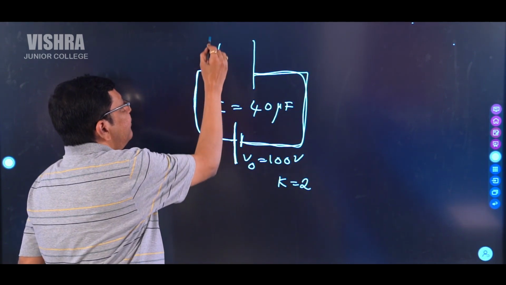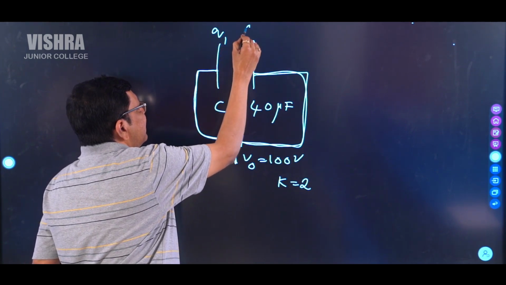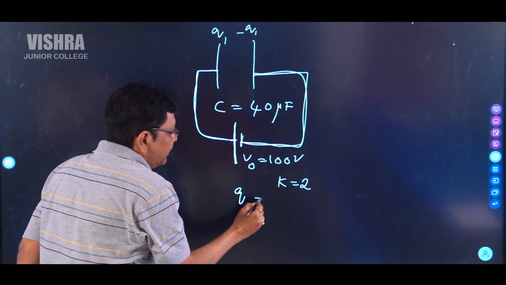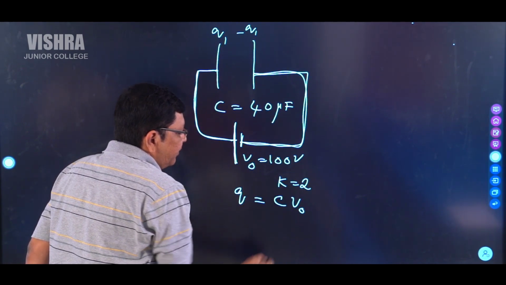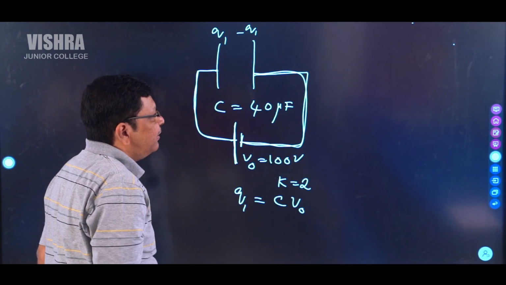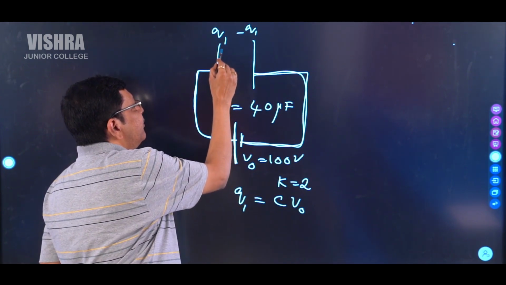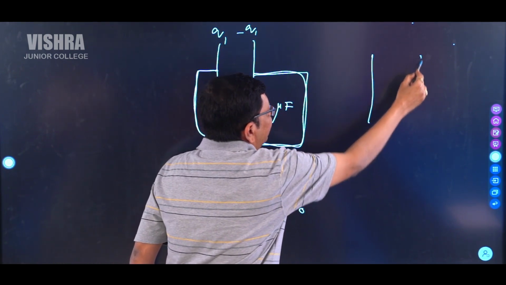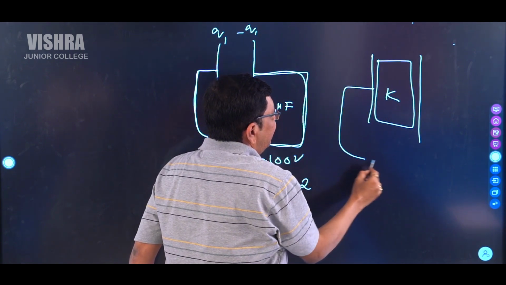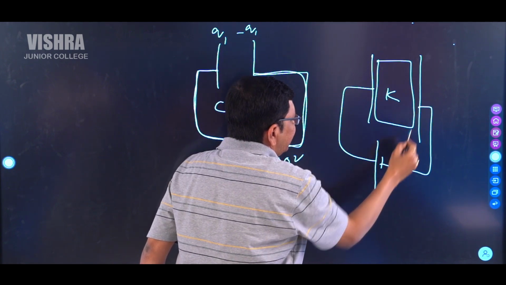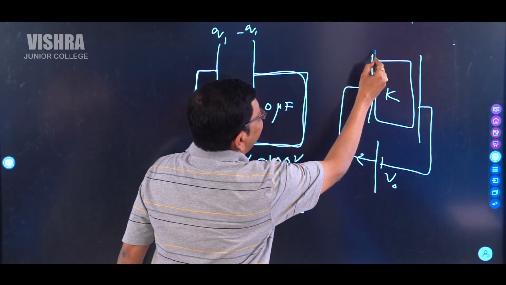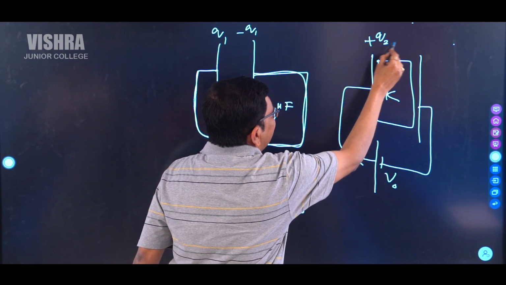So initially, when there is no dielectric, if I imagine the charges on the capacitor are plus Q1 and minus Q1, we know that the charge on the capacitor will be CV0, capacitance multiplied by potential difference. So initially the charge is CV0. In the second case, when we completely fill the space between the two plates with a dielectric material of constant K, keeping the connection with the same battery of potential difference V0, to maintain the potential difference the battery will supply extra charge.